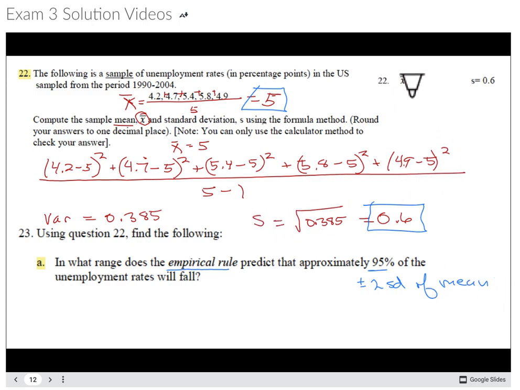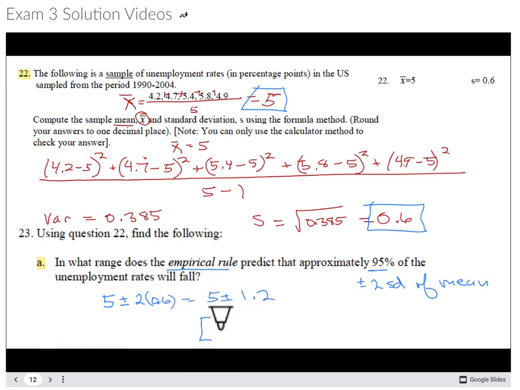So we have our mean, which is 5, and we're going to go plus or minus 2 times our standard deviation, which is 0.6. So it gives us 5 plus or minus 1.2. So take 5 minus 1.2.